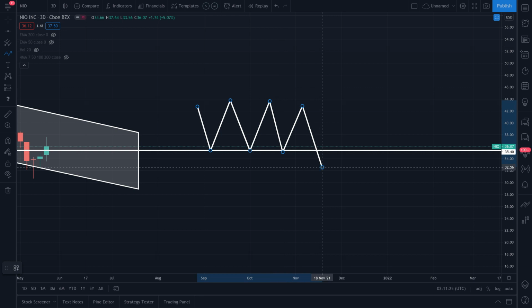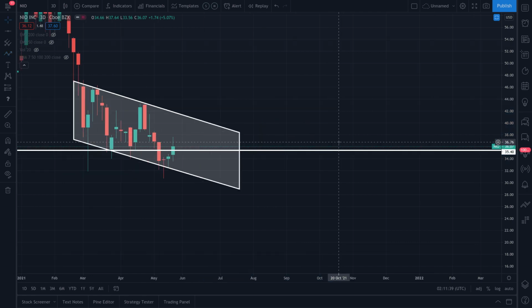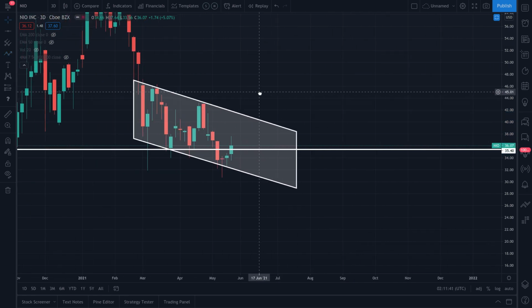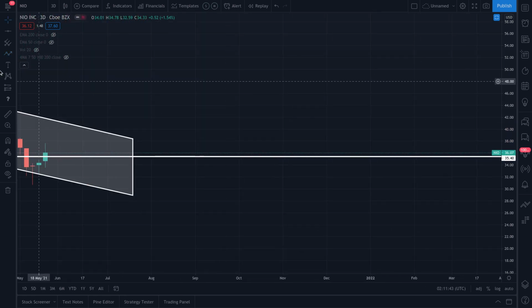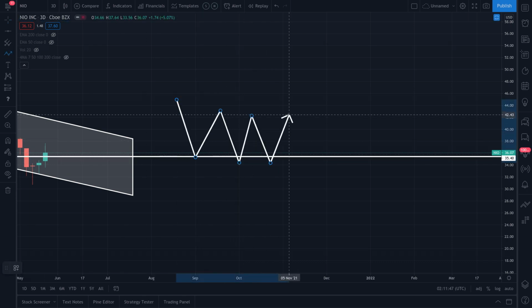But I explained to you what the seller's obligation is in order to show strength in their breakdown below the $35 level. It's the same thing as a breakout. Break down below a support level, the seller's obligation is to follow through.